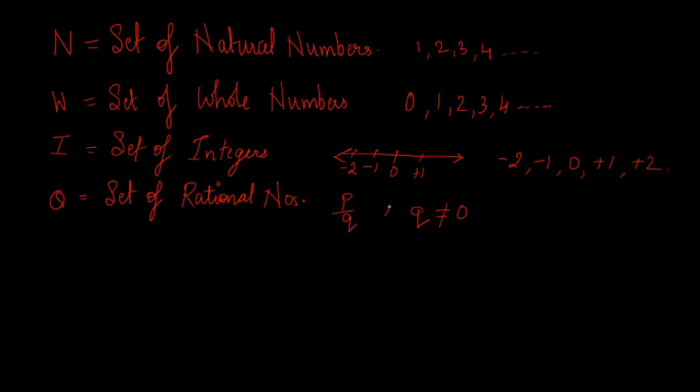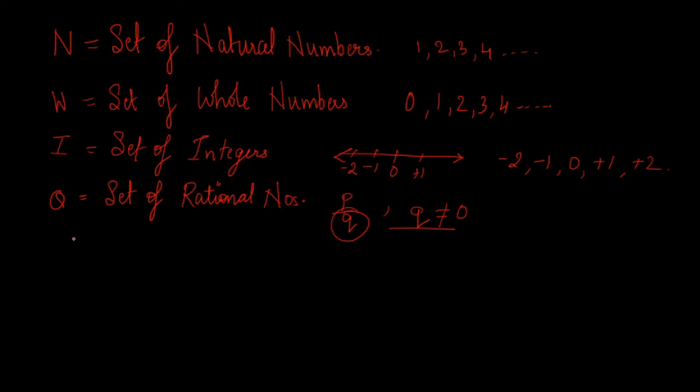Why should it never be equal to 0? Because then the answer becomes infinity, because you cannot divide any number by 0. Okay. So that is why the denominator, that is Q, should never be equal to 0. So P and Q both can be integers, but you need to remember Q is never equal to 0.